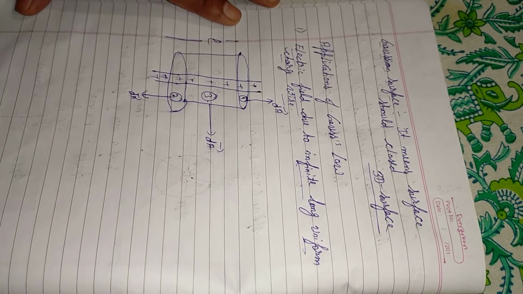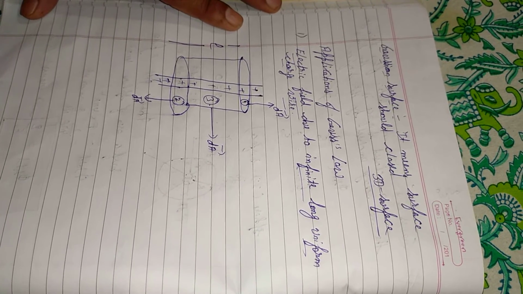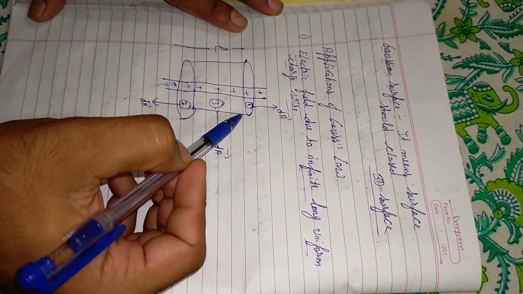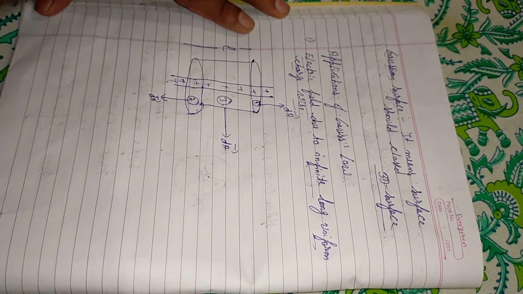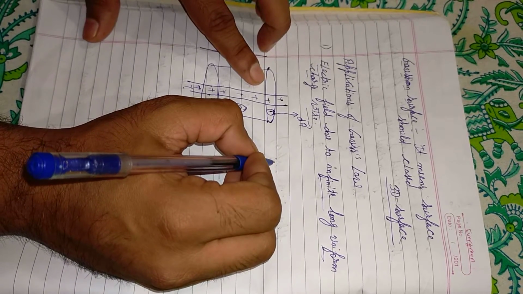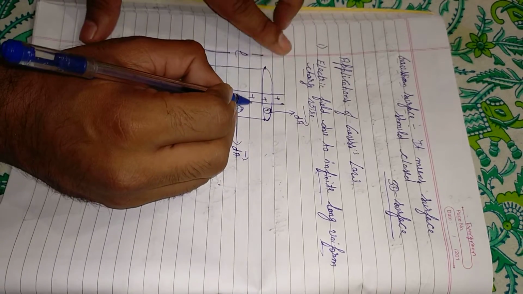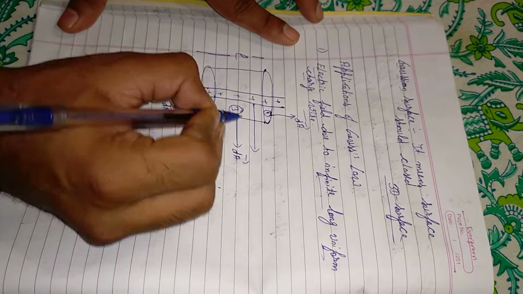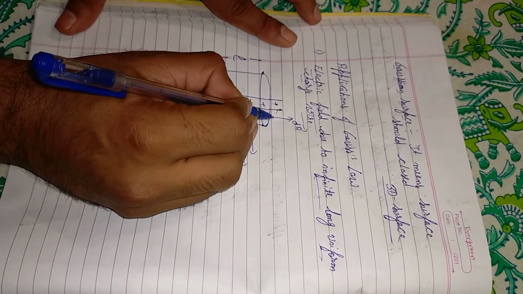Now we apply Gauss law to calculate the electric flux for surfaces 1, 2 and 3. You can clearly see that for surface 1, the electric field lines from the positive charge are moving away in this direction.